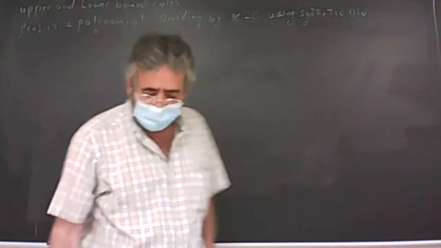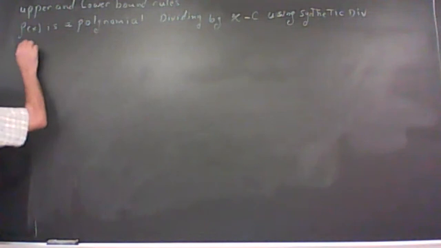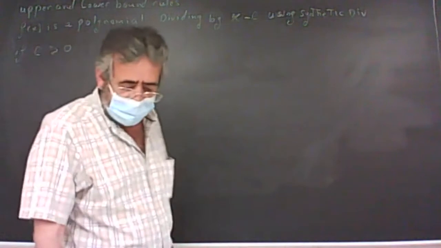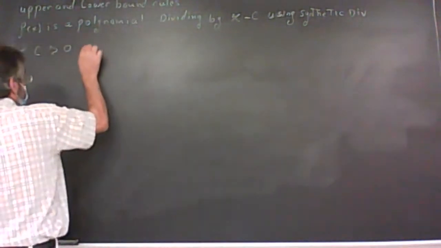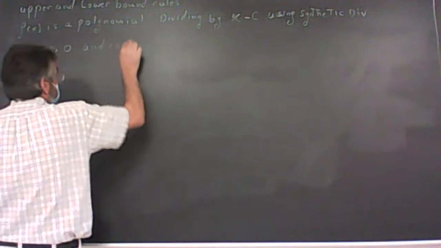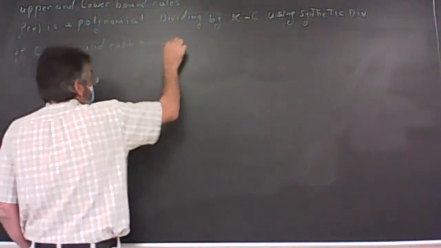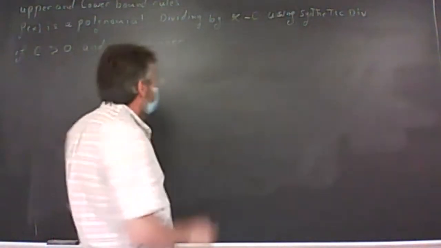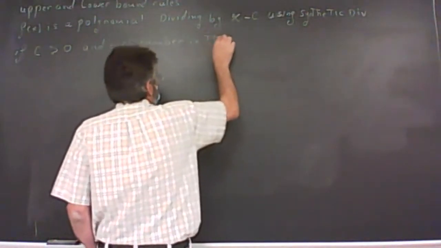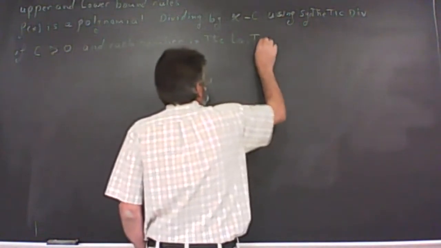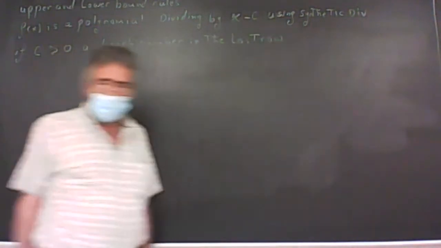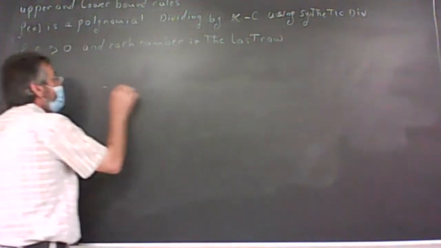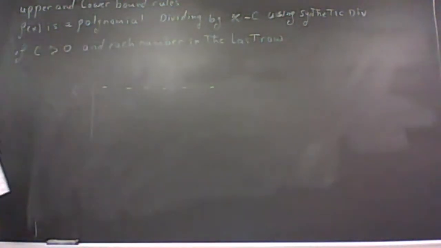It says if c is positive, if c is greater than 0, and each number in the last row is positive or 0. When you do division, say you have c here, right? You have your polynomial coefficients here, correct?